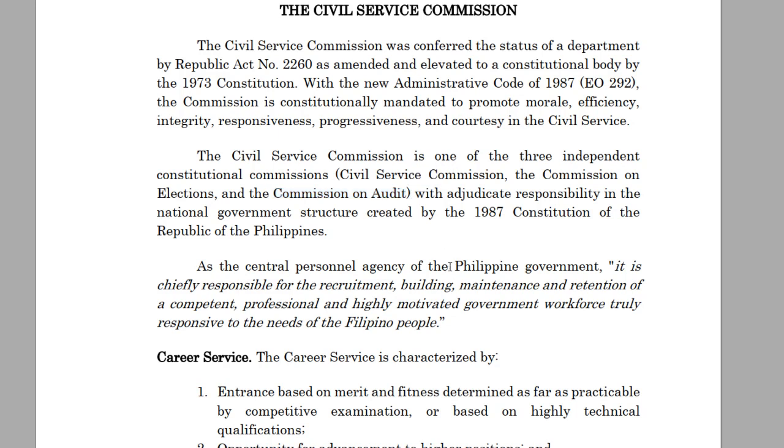The CSC, however, or the Civil Service Commission, is responsible for the recruitment, building, maintenance, and retention of a competent and highly motivated government workforce truly responsive to the needs of the Filipino people. This particular commission ensures that the government servants or public servants adhere to rules and policies.